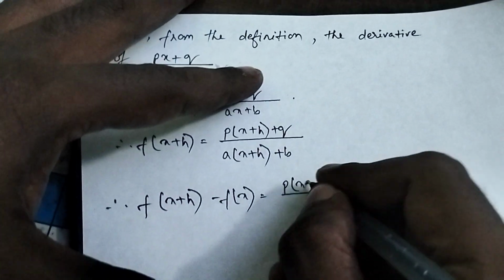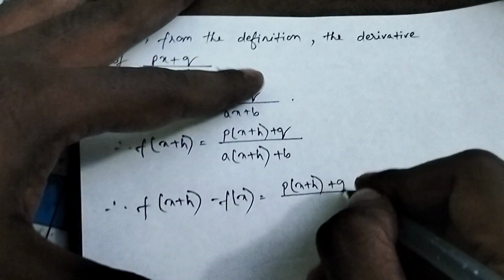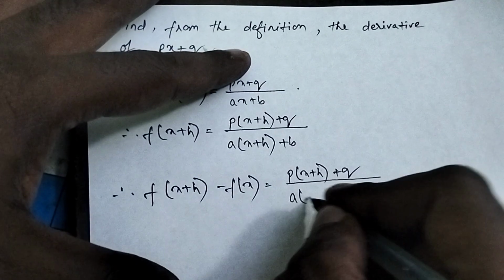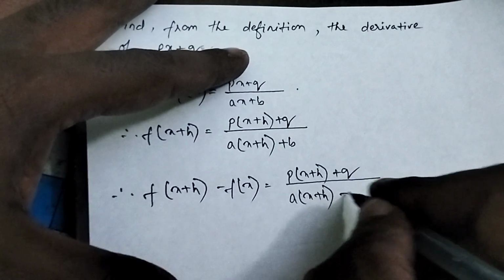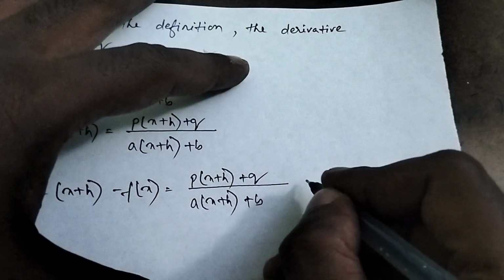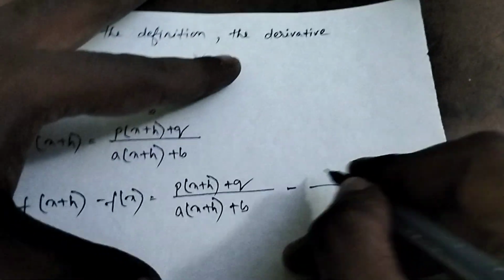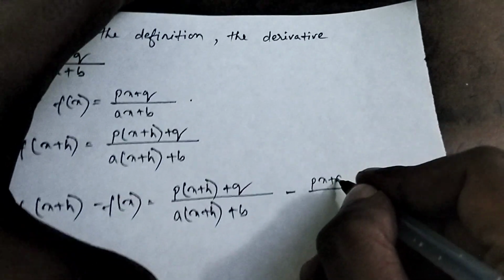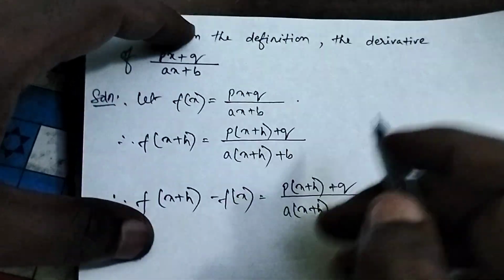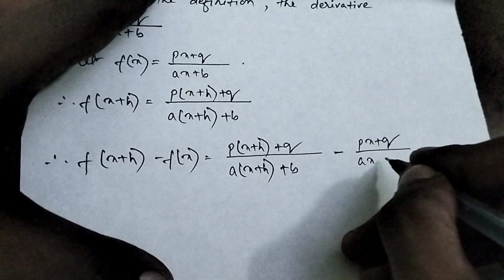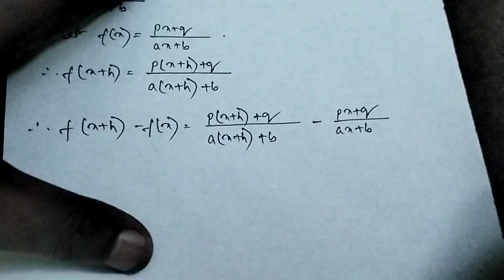p into (x + h) plus q by a into (x + h) plus b, minus (px + q) by (ax + b). Clear?